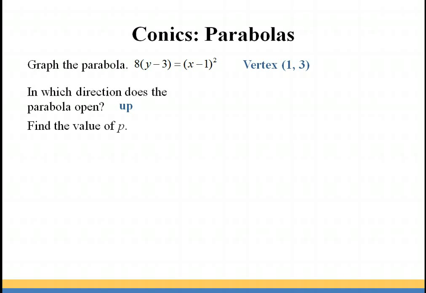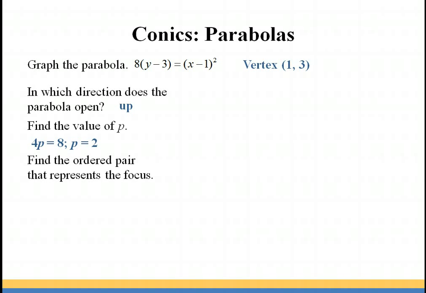We want to find the value of p. Well, 4 times p is equal to the 8, the coefficient of the y value. So that means that p is 2. We want to find the ordered pair that represents the focus. So since we know that our center point is at (1, 3), all we have to do is add the p value to the y value of the vertex, and we're going to get (1, 5).